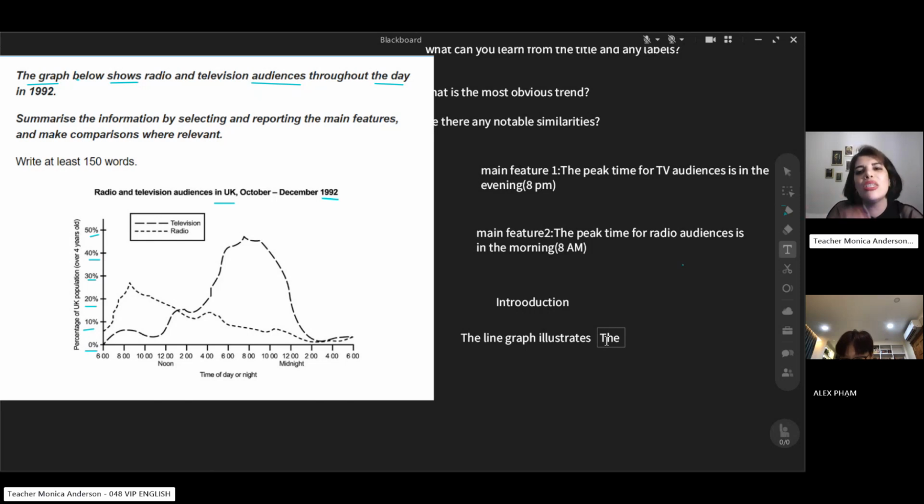Percentage is not really good, so instead of percentage, I say proportion of the number of people in the UK. Who? It's in 1992, so it's better to use past.